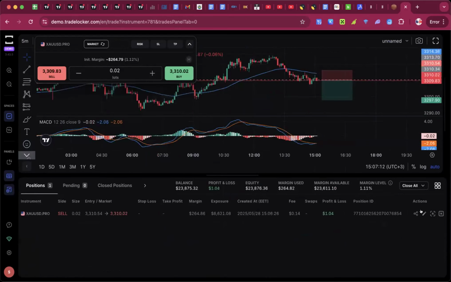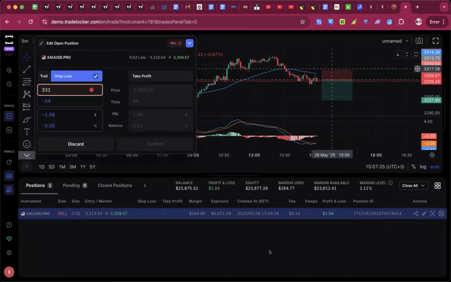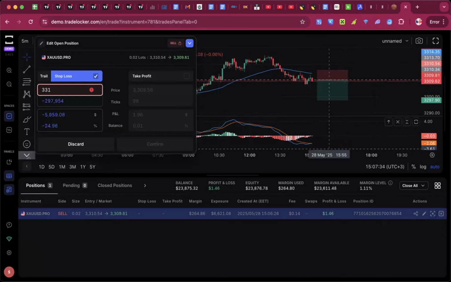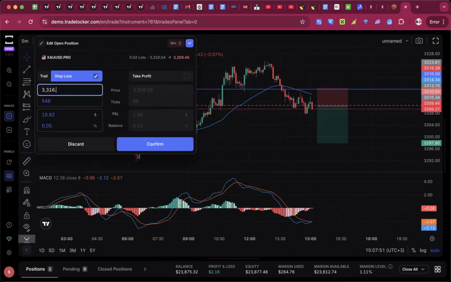So we'll take, okay, stop loss 3316.39. So that's about $11.